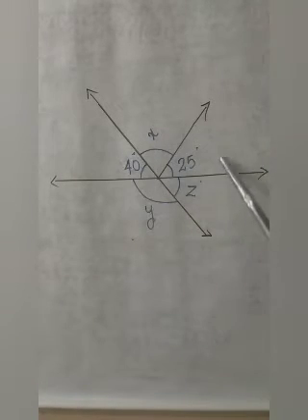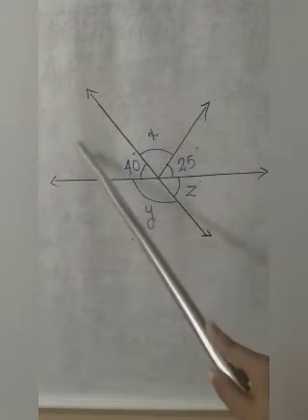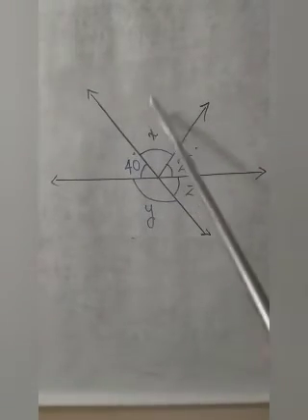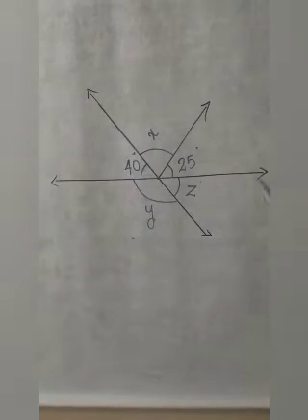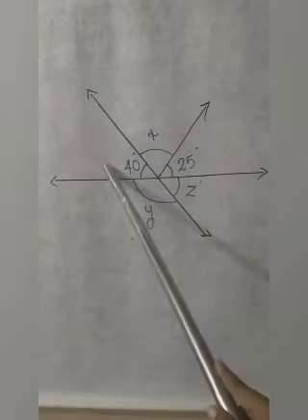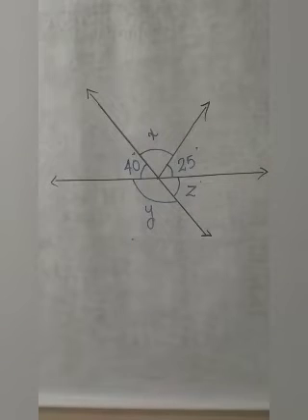Altogether these three angles we get what? 180 degrees, isn't it? Then only this becomes a straight angle. So the first linear pair is the sum of 40 degrees, X and 25.